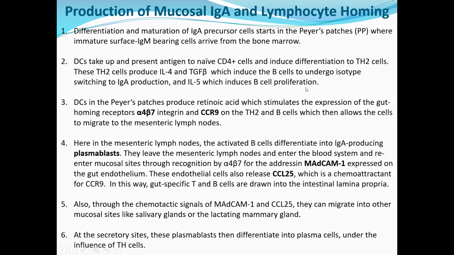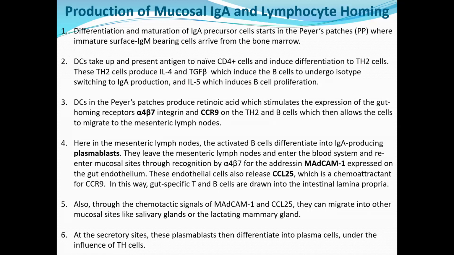So the differentiation and maturation of these IgA producing precursor B cells starts in the Peyer's patches, where, if you remember, these naive B cells initially express IgM.